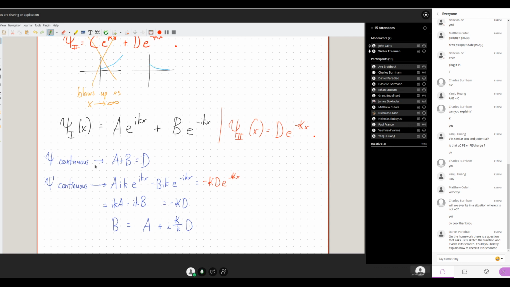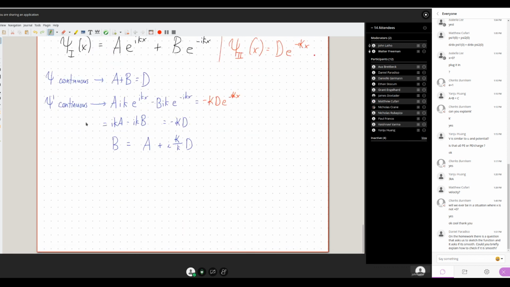On the homework, there is a question that asks you to sketch the function and asks if it is smooth. Could you briefly explain how to check if it's smooth? So smooth usually means that the function and its first derivative are continuous. So one way to check visually is if you have a function like this, it's continuous, but its first derivative is not continuous, right?